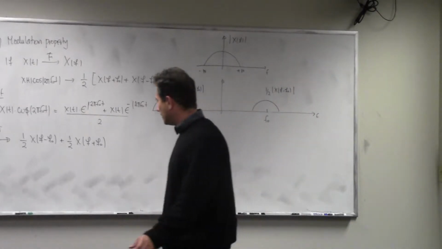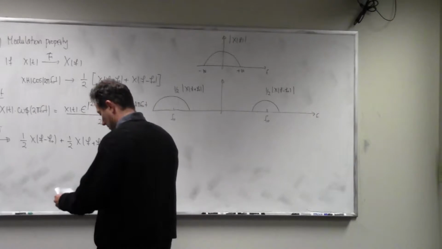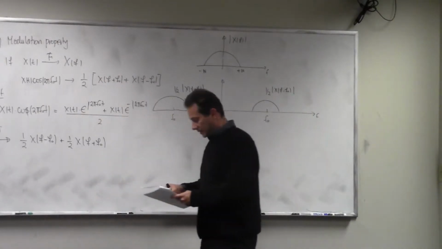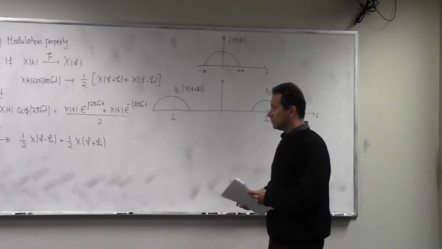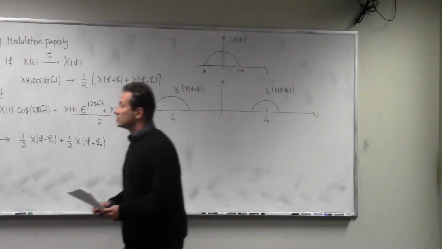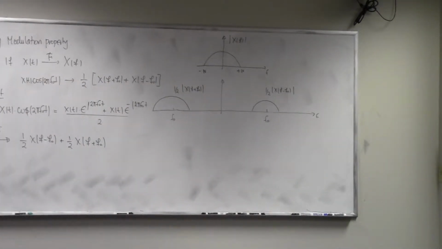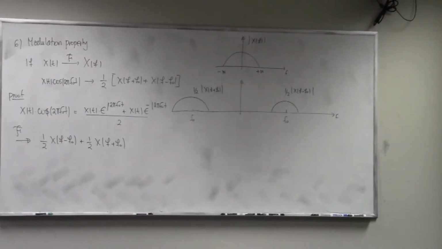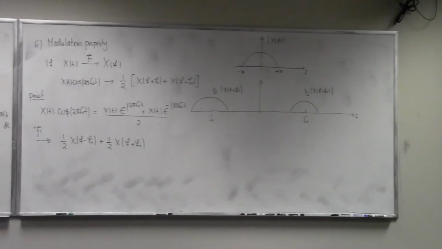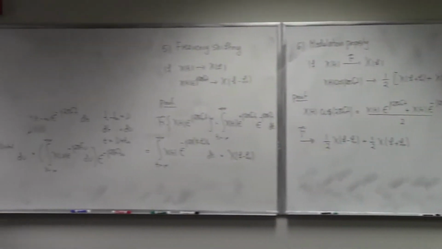So one more property, also extremely important. As a matter of fact, from the standpoint of linear systems, it's just about the most important property. It's called the convolution property of the Fourier transform. And I frequently say, if we were in the circus, this would be the main act.